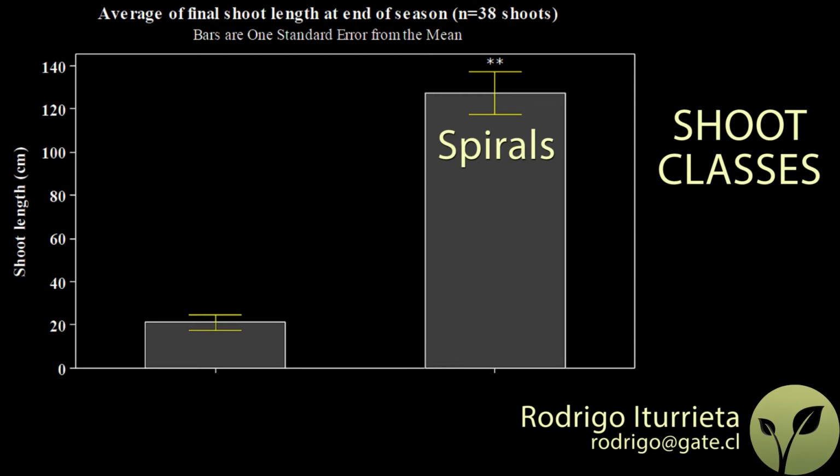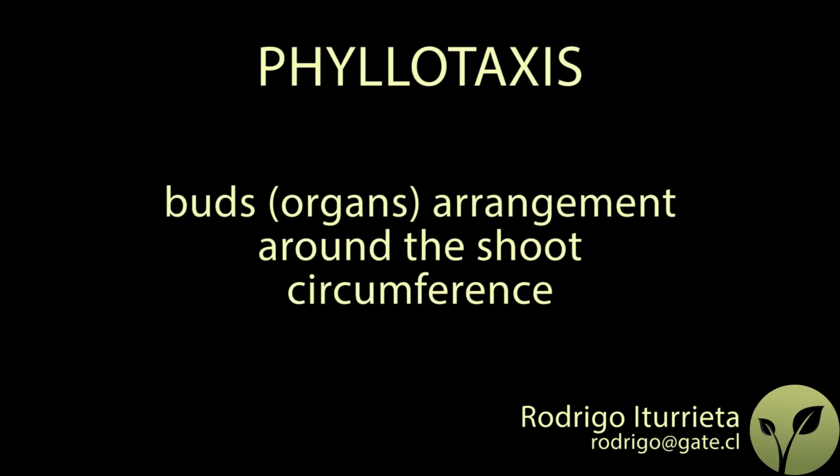So why do I call them spirals then? For that, I need to talk a little bit about phyllotaxis, which is the way organs like axillary buds or leaves are arranged all around the shoot circumference. If you imagine this circle as if you were looking straight down on a growing shoot tip, then you will see bud number 1 and its subtending leaf.